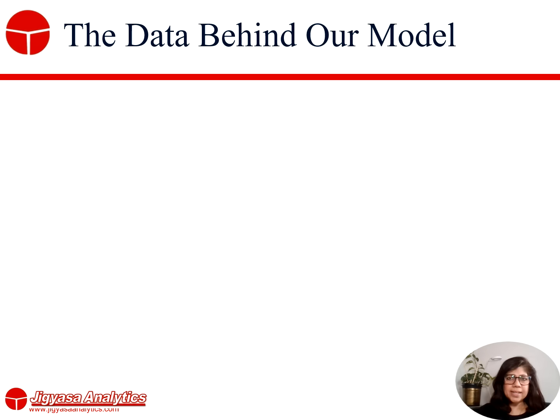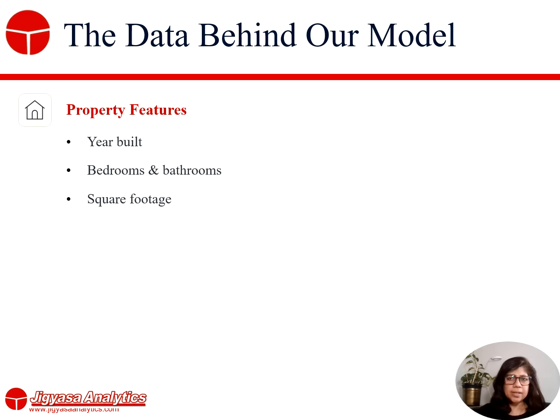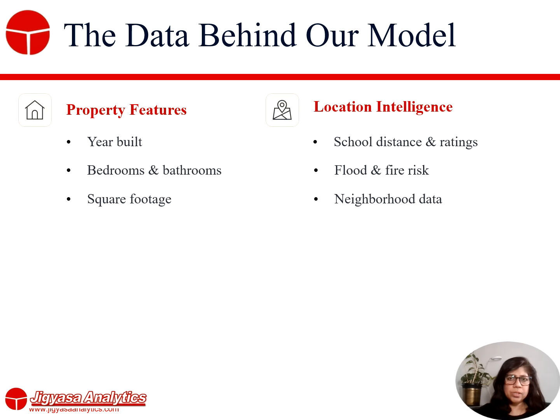This slide contains some additional information on the data that was available to us. We had tabular data on property features such as the year the house was built, the number of bedrooms and bathrooms, square footage of the house, etc. In addition, we had data on the property's location, such as distance to schools and school ratings, flood and fire risk, as well as other neighborhood data.